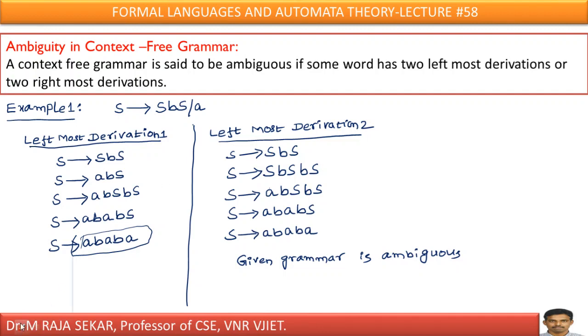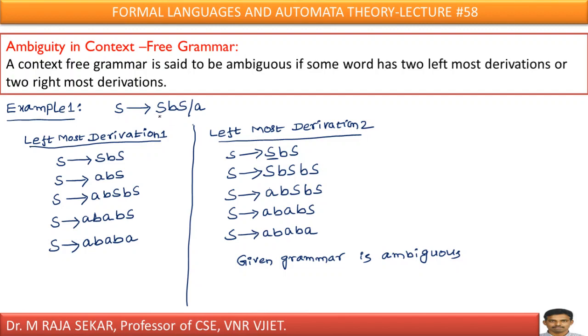Now, we will try to derive one more leftmost derivation. Just see, S goes to SBS. I am copying the first production as it is. As it is a leftmost derivation, I must always try to replace this capital S. But how many possibilities are there?